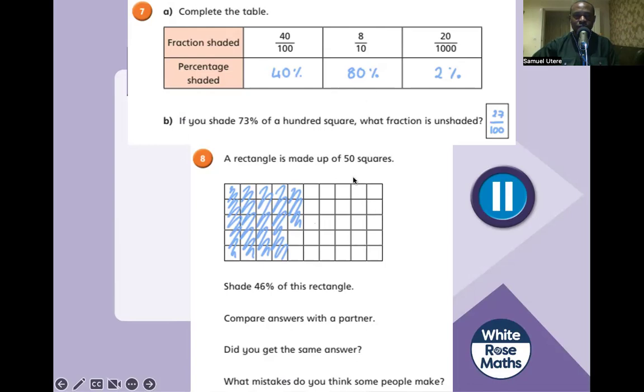And here you were asked, a rectangle is made up of 50 squares, shade 46% of this rectangle. Well, 46% is 46 hundredths. Now we have 50 squares. So if we halve it, it means we only need to shade half of that, which is 23.